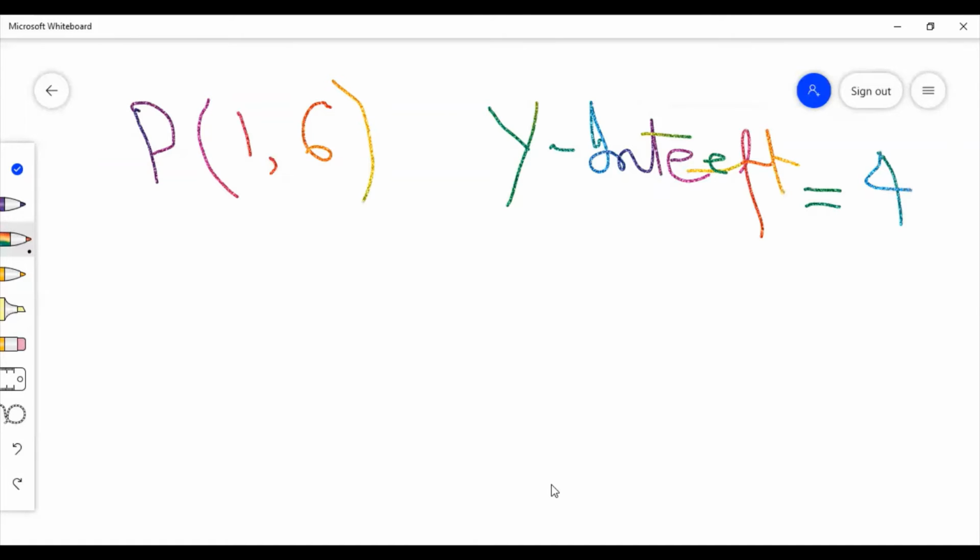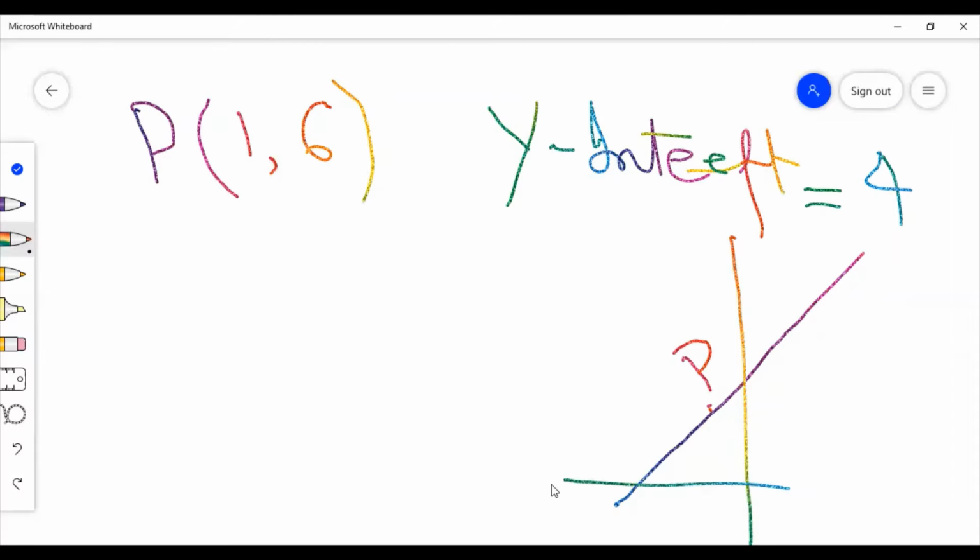So you will have to write the equation. What I mean to say is, which equation will satisfy this? Let's suppose this is the line passing through this point P, and the y-intercept, if you are just putting y over here, this is the x-axis, origin, and the y-axis.